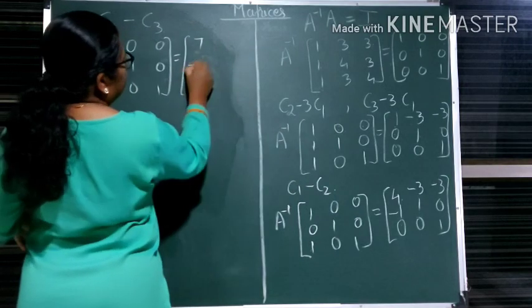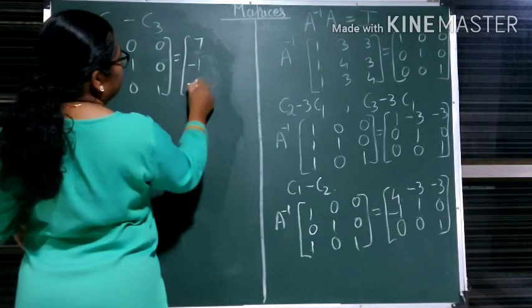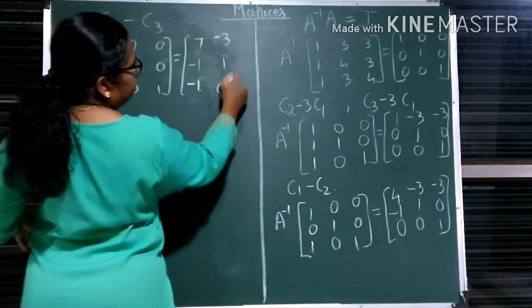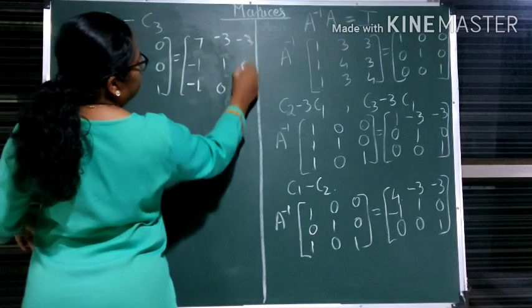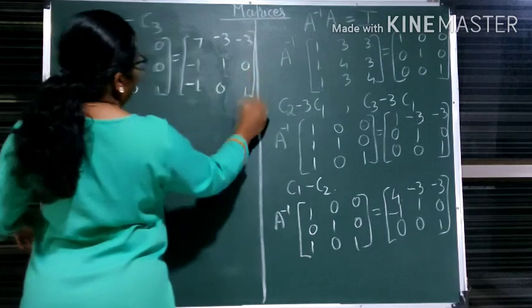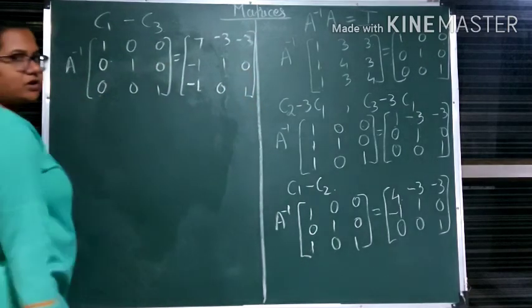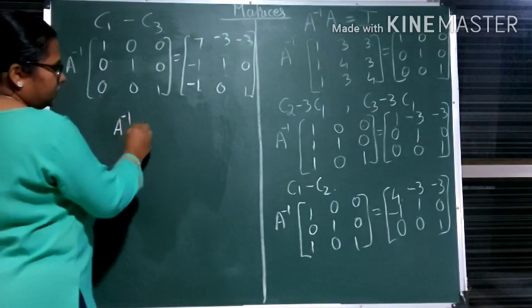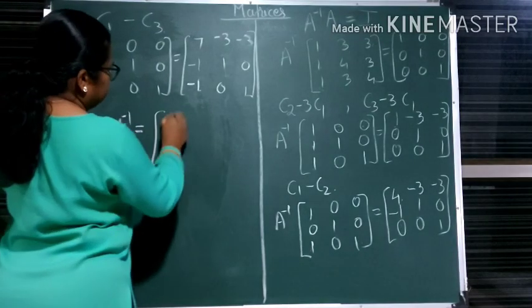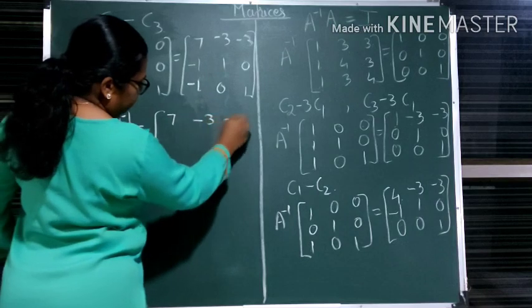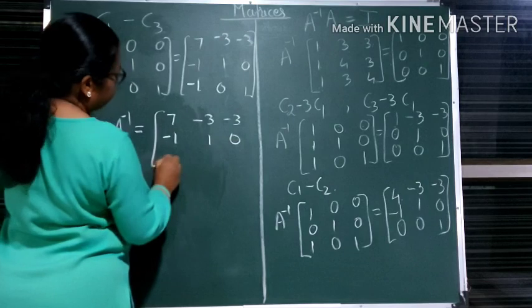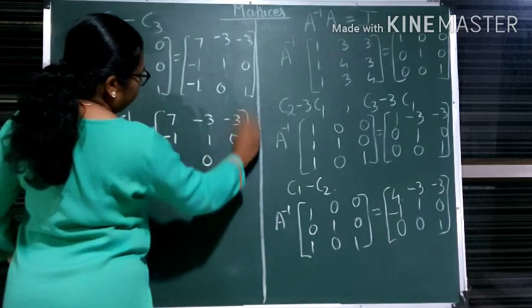Minus 1 minus 0 is minus 1. 0 minus 1 is minus 1. Minus 3, 1, 0. Minus 3, 0, 1. So you can see this matrix is converted to identity matrix. So what is your A inverse? It is equal to 7, minus 3, minus 3, minus 1, 1, 0, minus 1, 0, 1.